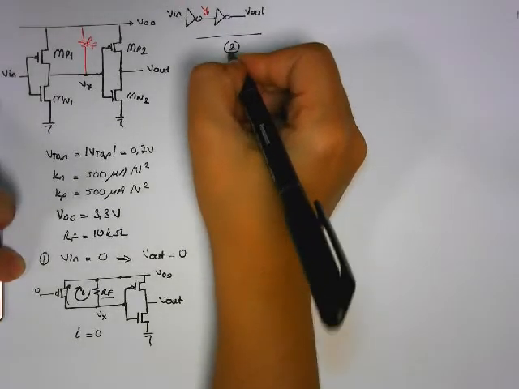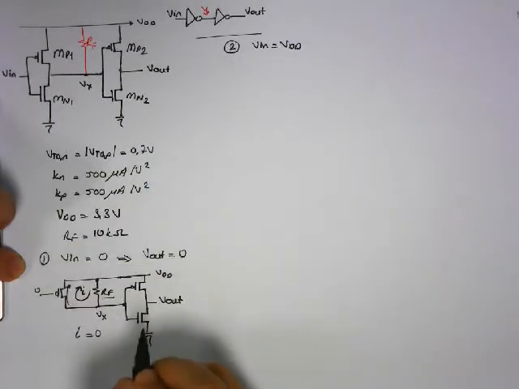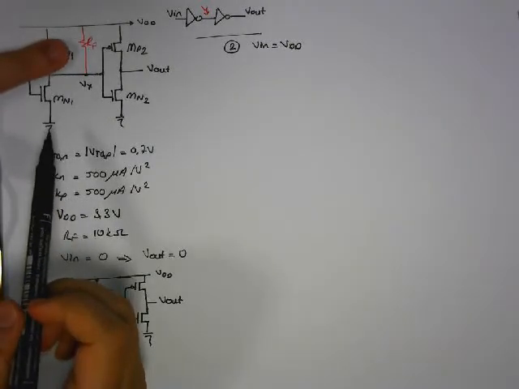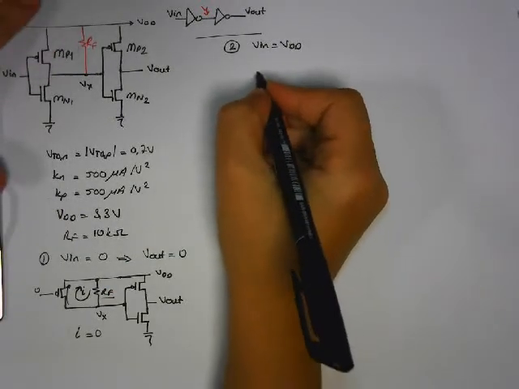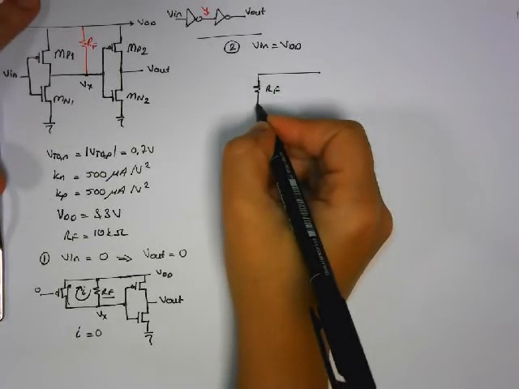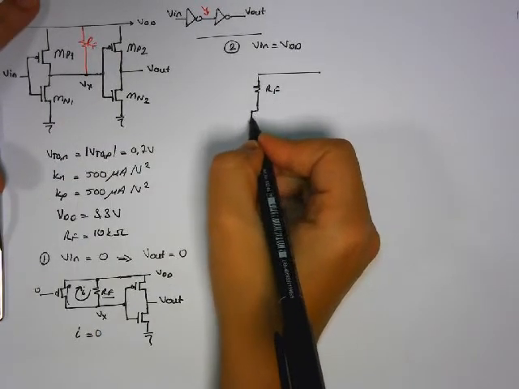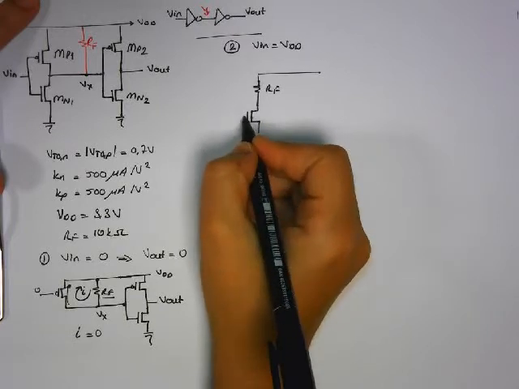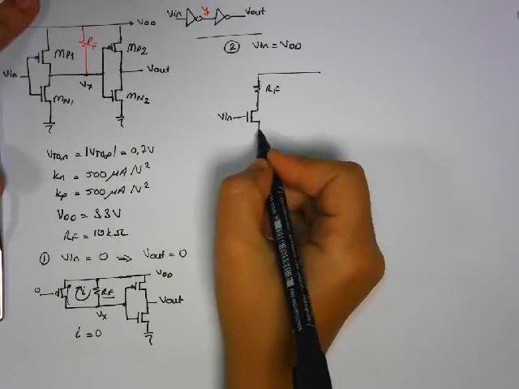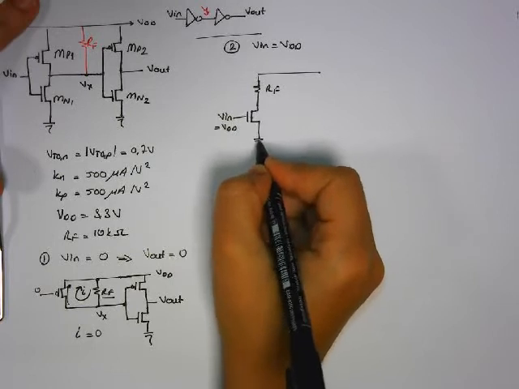Let's look at the second case, when V in is equal to VDD. Then this PMOS here will be off. We can draw the equivalent circuit with RF connected to NMOS, and NMOS gate is connected to V in, and that is equal to VDD.